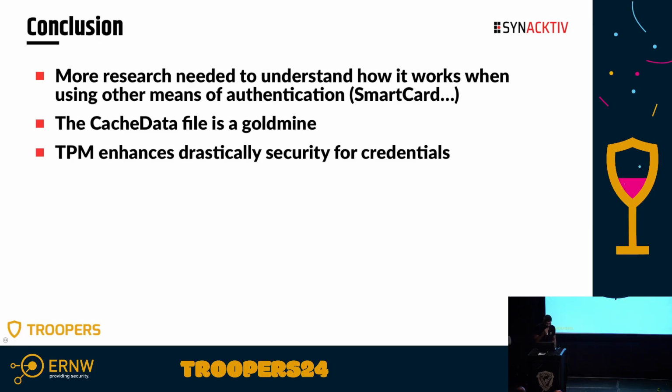You will find stuff such as DPAPI, PRT, and everything that you want. The bad news here is that the TPM drastically enhanced the security for credentials, and asymmetrical authentication with the TPM will certainly lead to the end of cache data being a gold mine for penetration tests.